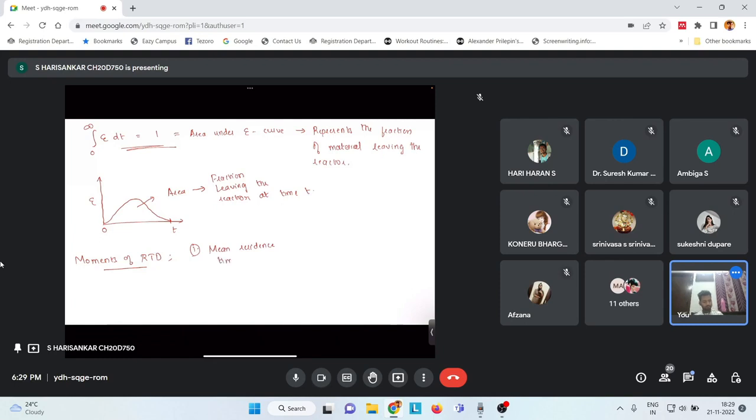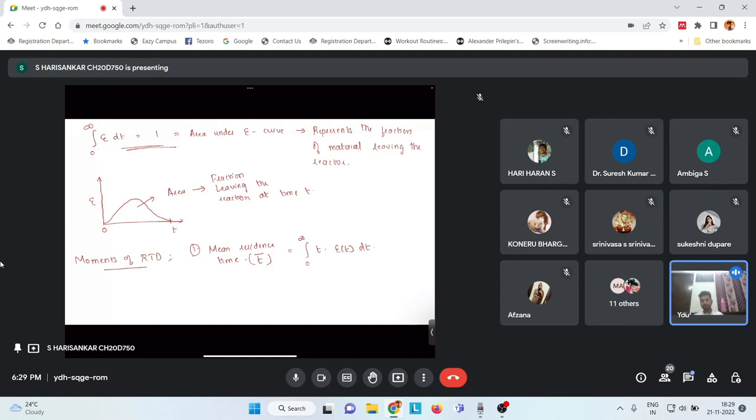You can even vaguely term it as average residence time, and it is usually represented as t bar, and this will be equal to the integral from 0 to infinity of t E(t) dt. So this is your first moment, mean residence time.